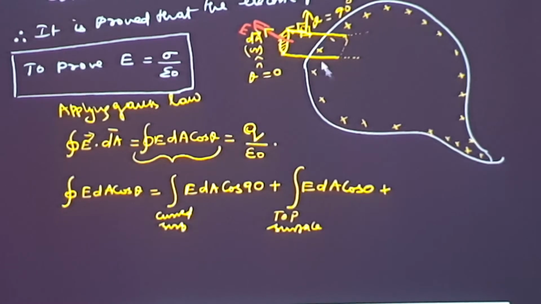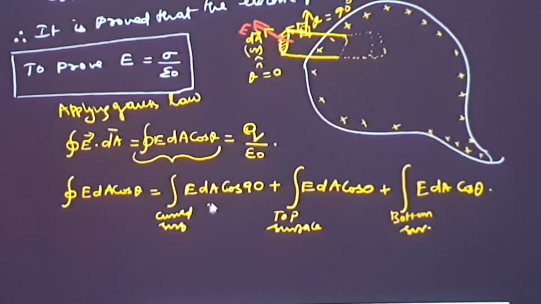Again plus, inside this metal conductor you will be having the bottom end, so integral over the bottom surface of E dA cos 0.